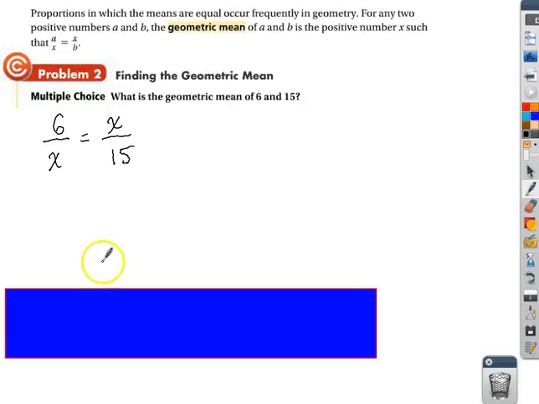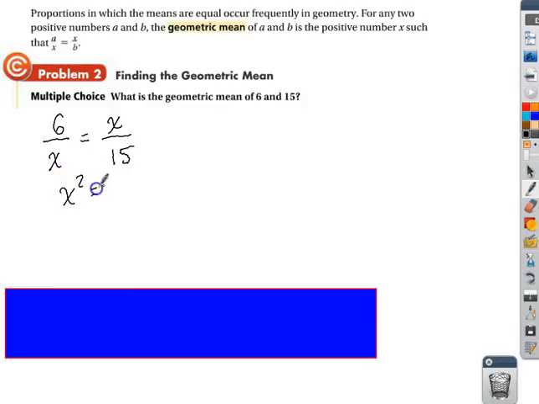So remember, cross multiplication was called the means extremes theorem. The ones that are along this diagonal are the means, and the ones that are along this diagonal are the extremes. So it's basically going to look like a setup of a over x equal x over b, where a and b are the two numbers that I'm asking you to find the geometric mean of. So what would we do to solve this?